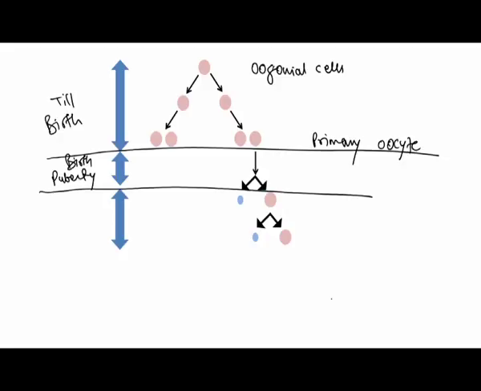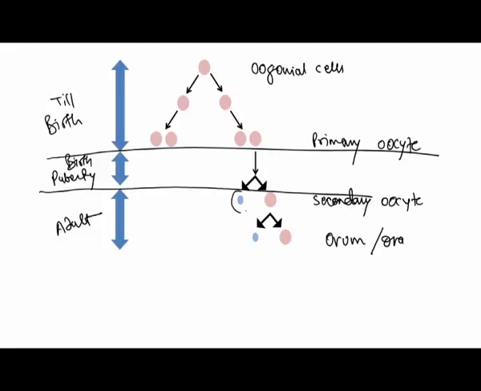After attaining puberty, in adulthood, this primary oocyte is converted into secondary oocytes, and this secondary oocyte will eventually convert into the ovum, or simply ova.